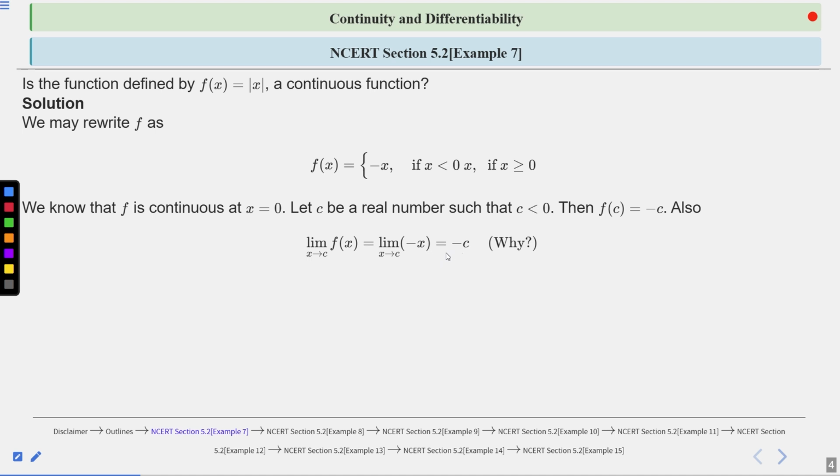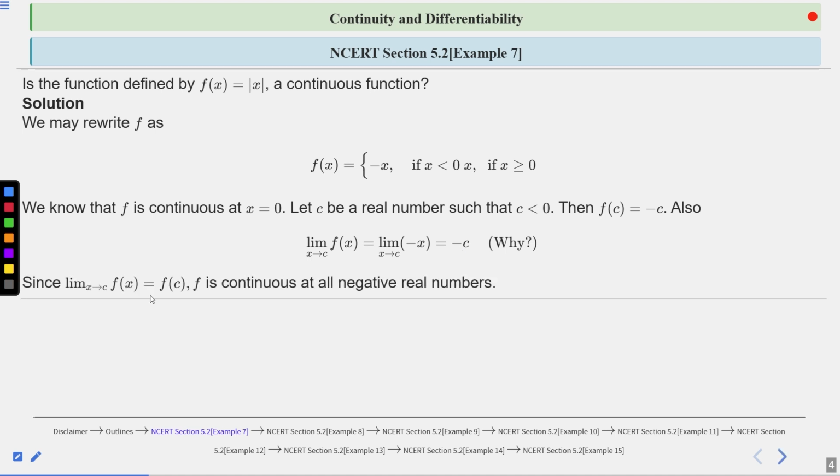Why is it -c? Because when we put the value of c here, we get -c, isn't it? Since the limit as x tends to c of f(x) is equal to f(c), f is continuous at all negative real numbers, isn't it?